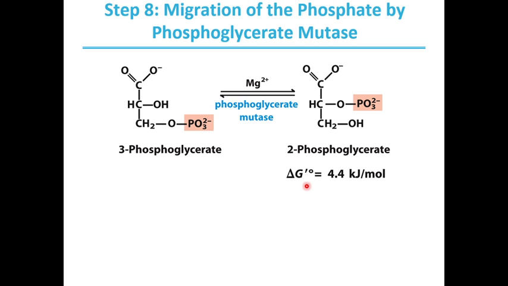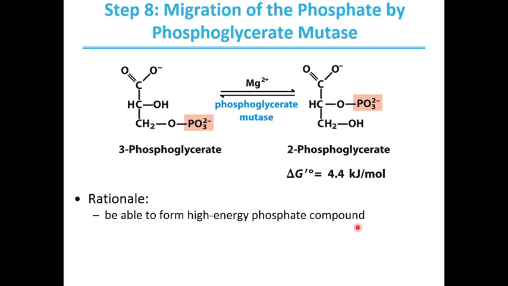This reaction may look a little bizarre: why would the cell want to remove a phosphate from a primary hydroxy and put it on a secondary hydroxy? The rationale: to be able to form a high energy phosphate compound.